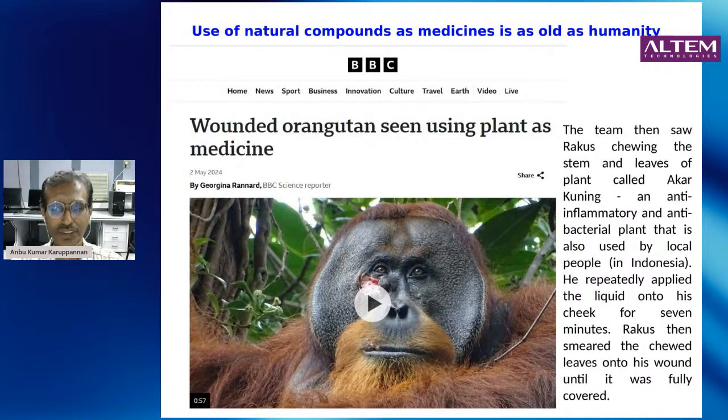So this shows that there is an instinct among all mammals to look for such natural remedies existing in the environment to heal themselves. And as a veterinarian, I've noticed this in cats and dogs also, raised in our country or in rural places.